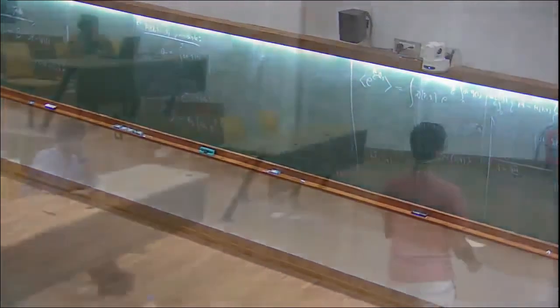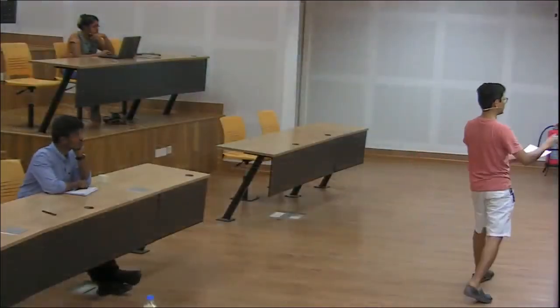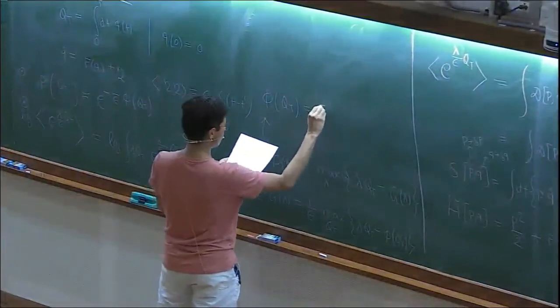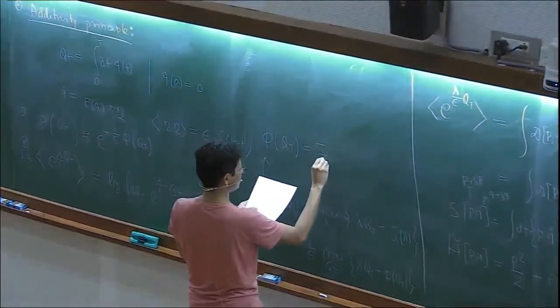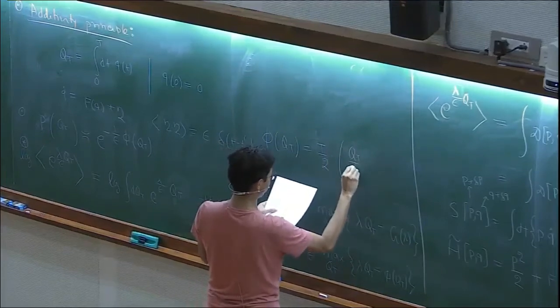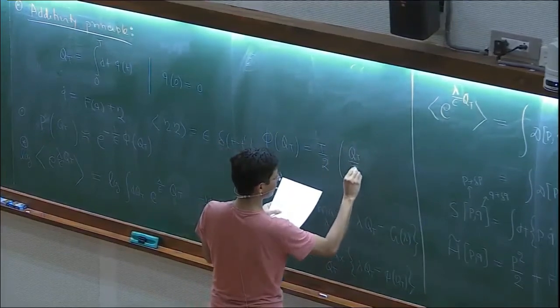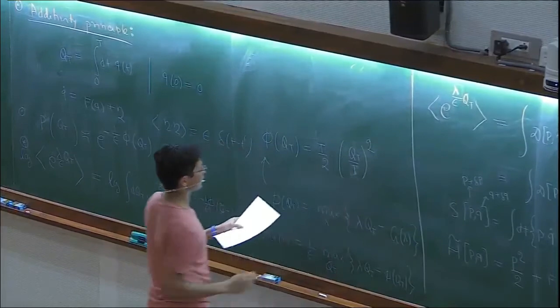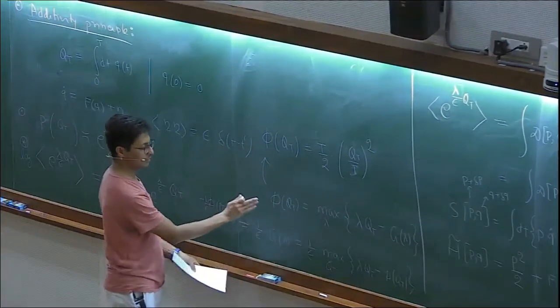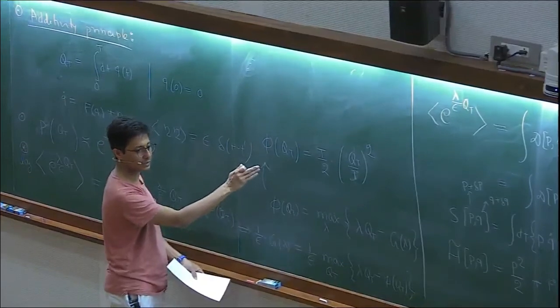All that one would find is phi of qt, t by 2. I'm just going to write it in this way. You just have to take that formula, put it in this form, take the Legendre transform, and you'll get that.